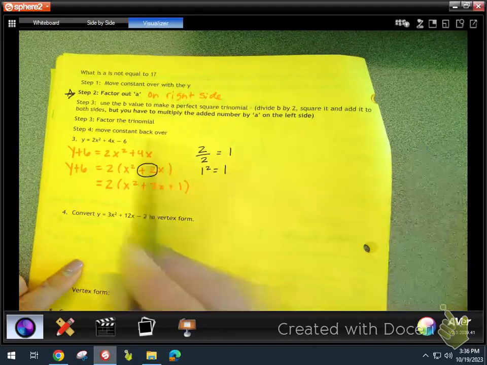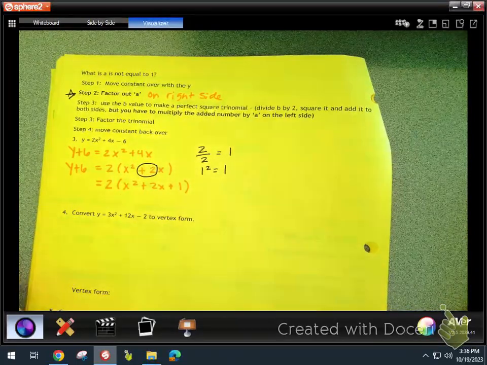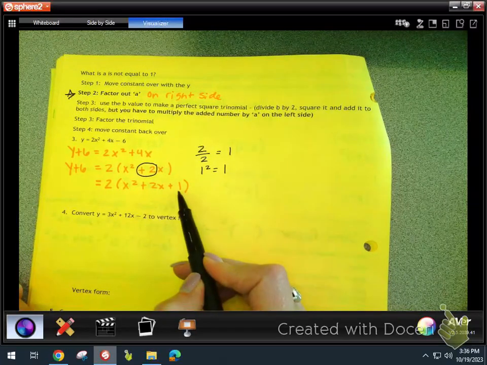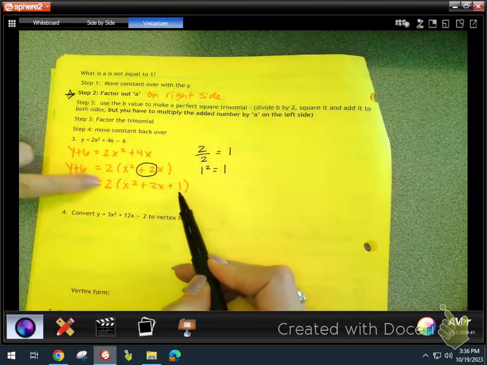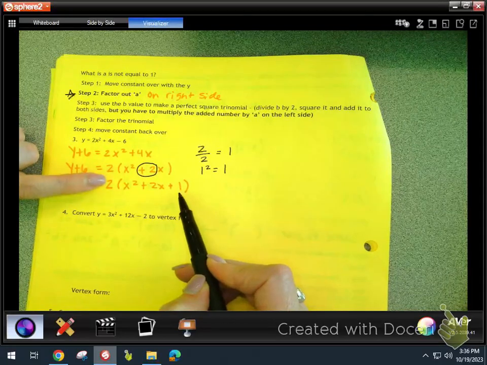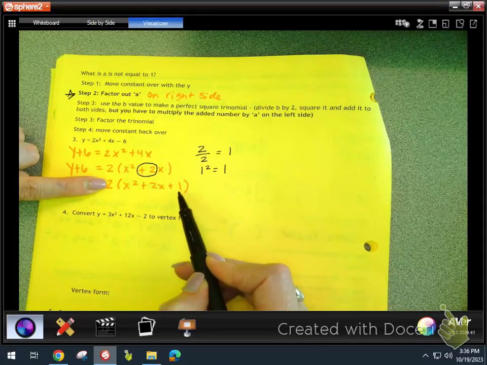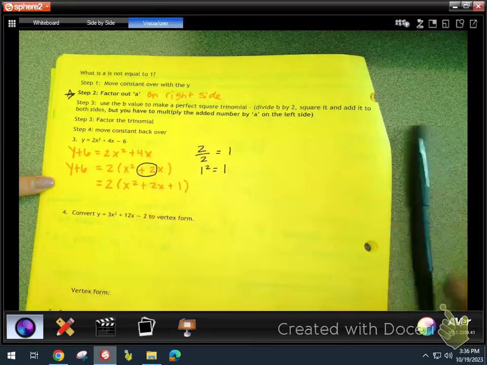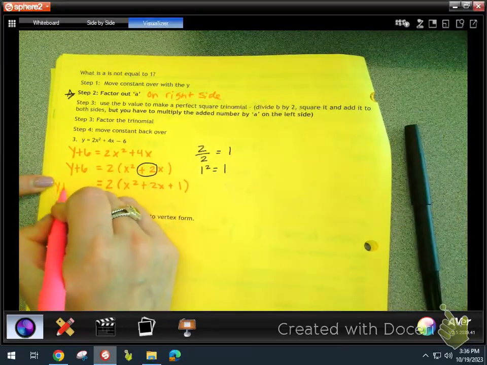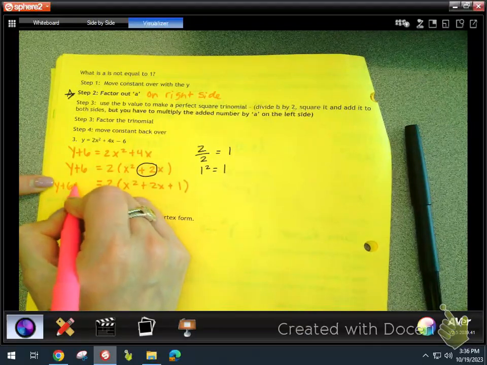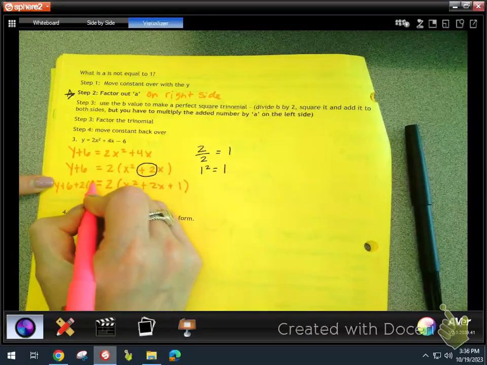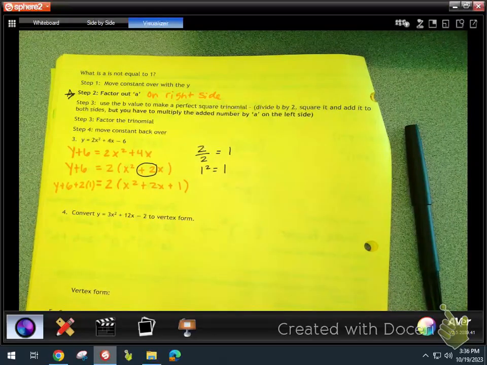I added a 2 times 1. Do y'all see what's really going on here? I put a 1 just in the parentheses, but what if I were to try to move that, what is that 1 really got to be multiplied by? 2. So that means over here, I have to add to my 6 2 times that number over there. Okay?